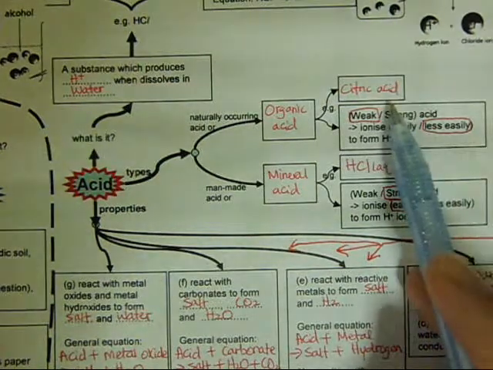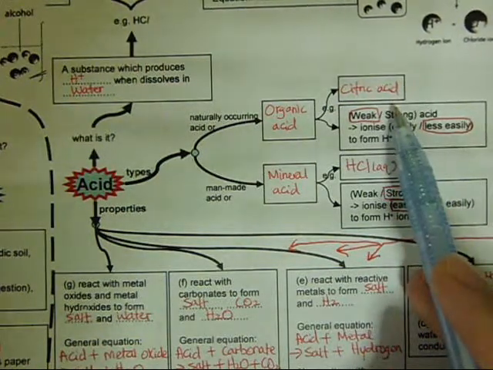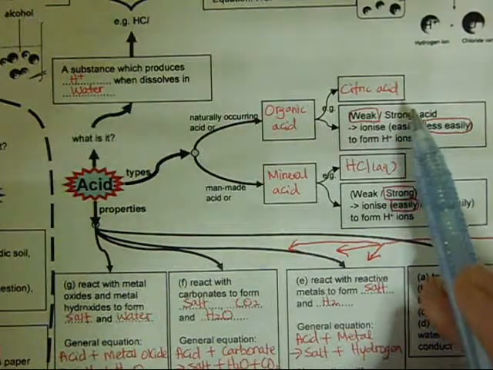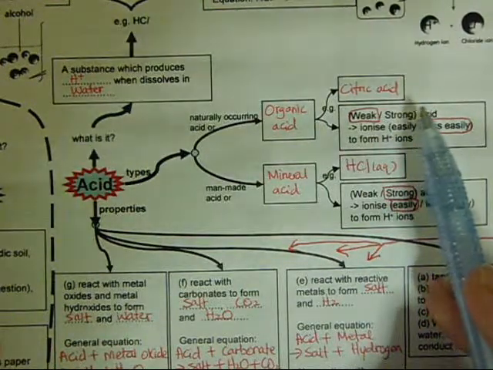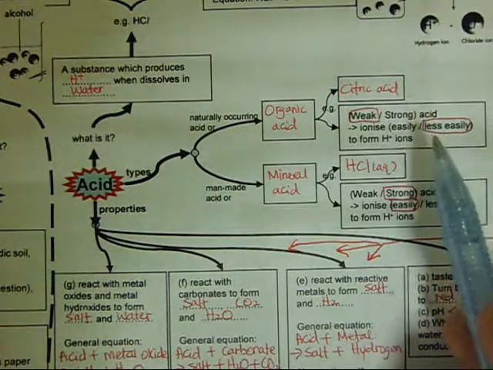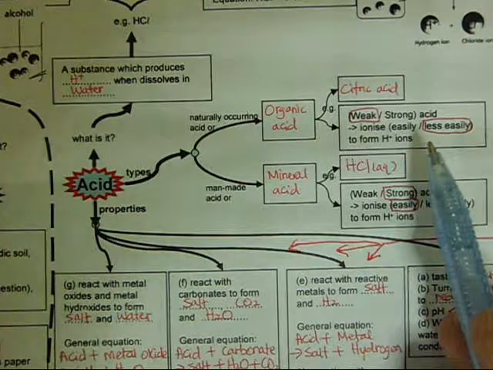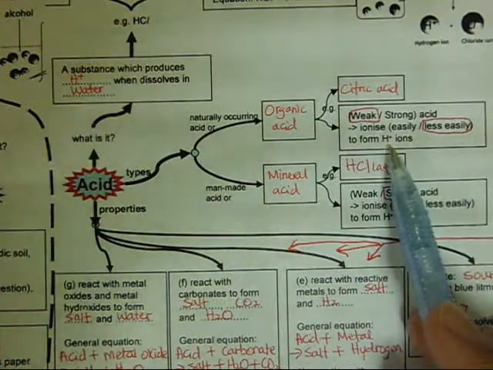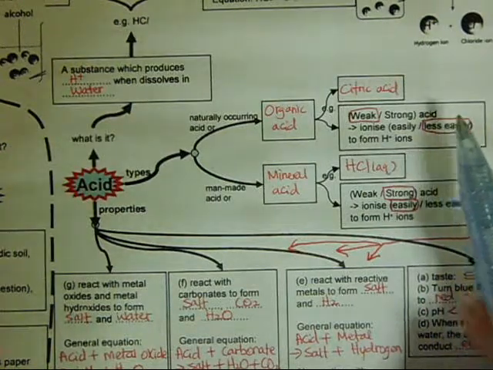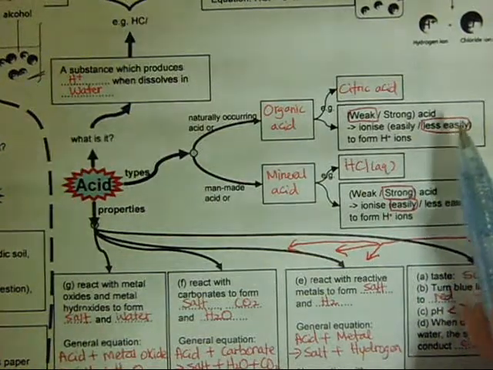That means when citric acid dissolves in water, some of the citric acid exists in molecular form, but some of them would ionize to produce hydrogen ions. So some exist in molecule form, some become ions.